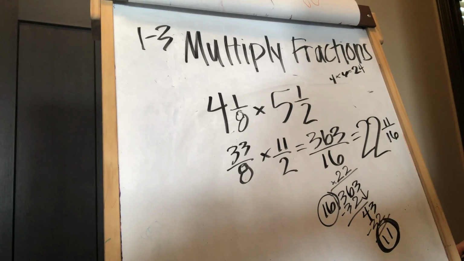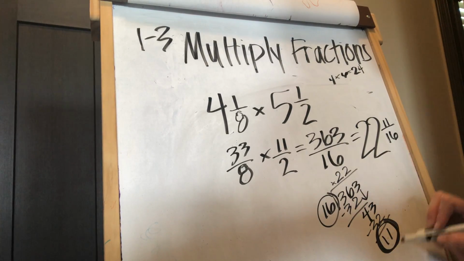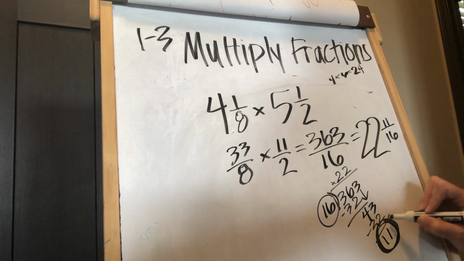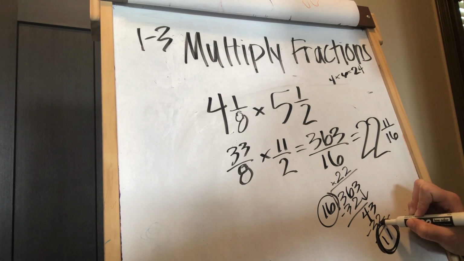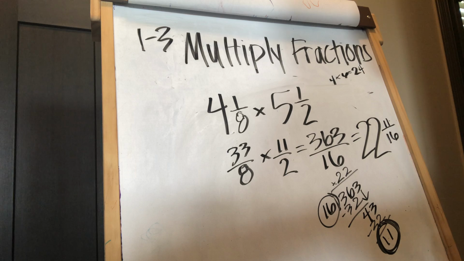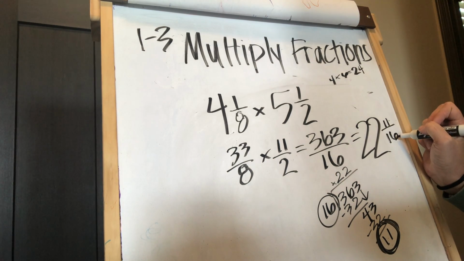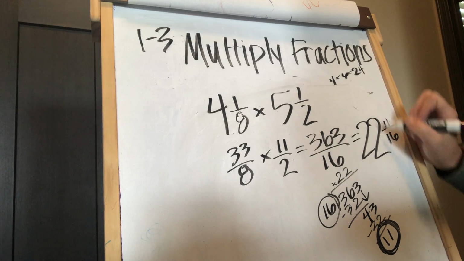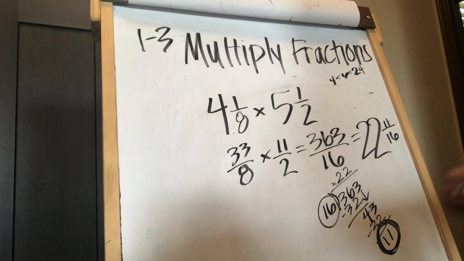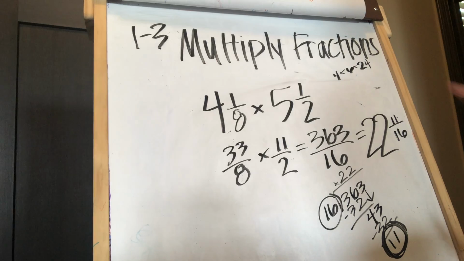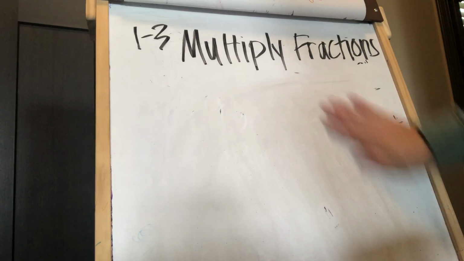So anytime that you have bigger numbers, if you do your long division, whatever you get for that remainder is what your numerator is going to be. So this answer, we get 22 and 11/16. Looking pretty close to our estimate of 24. Not too bad.